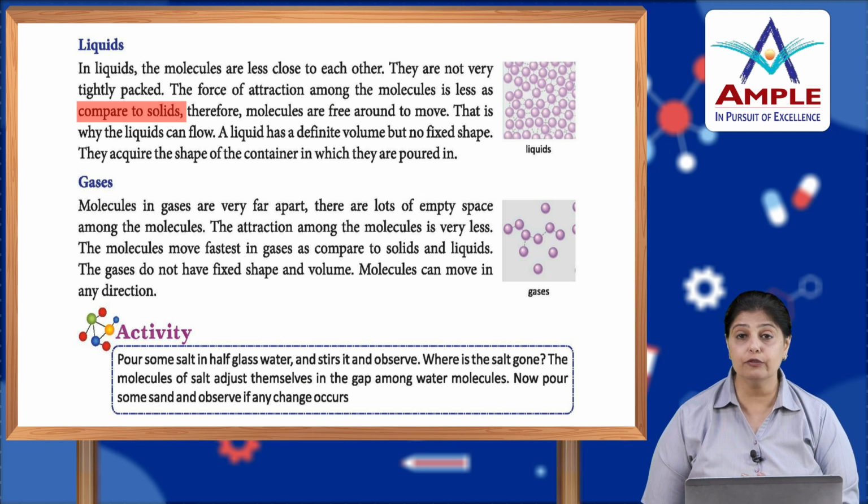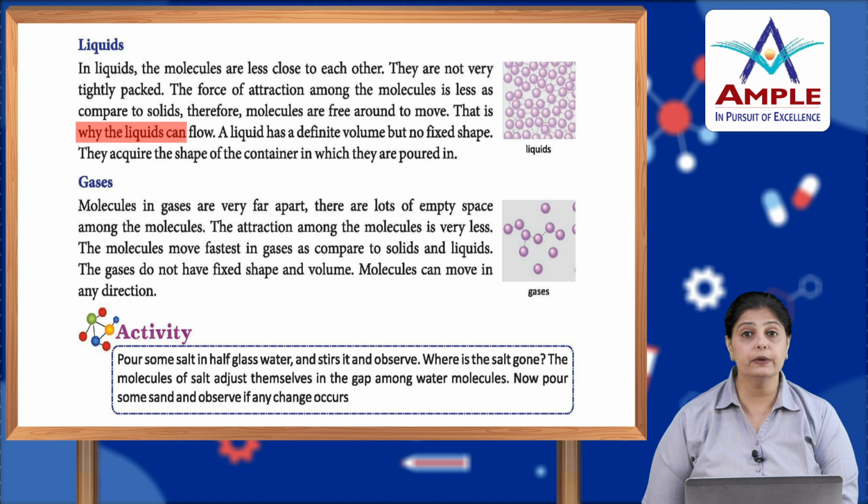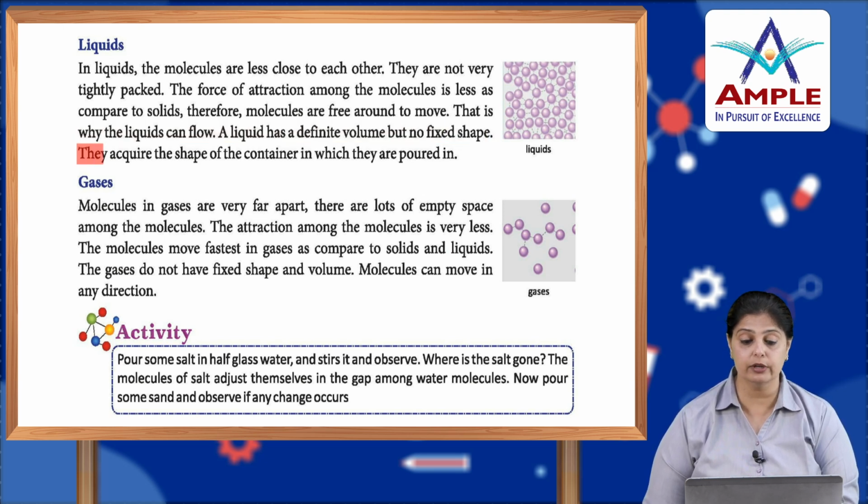Whereas in liquids the force of attraction is less, and therefore the molecules are free to move around. That is why liquids can flow. A liquid has a definite volume, but it does not have a fixed shape. It takes the shape of the container that it is in, the container in which it is poured.